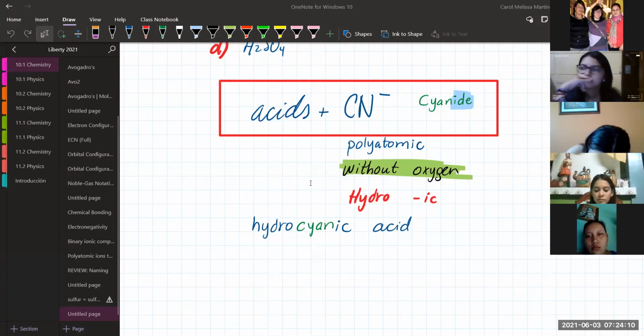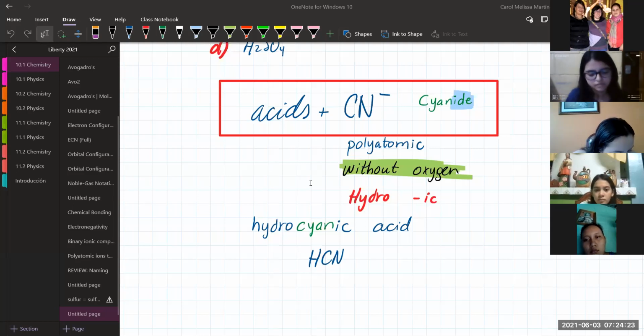Not to use the word binary, because even though this is not a binary acid, because the acid will be just H, that's not binary because you have 3 elements. But even though it's not binary, the rule applies because it doesn't have oxygen. So basically, the rule should be acids with oxygen and acids without oxygen. That's more accurate.